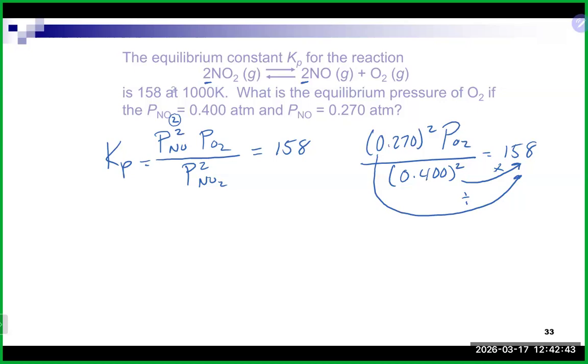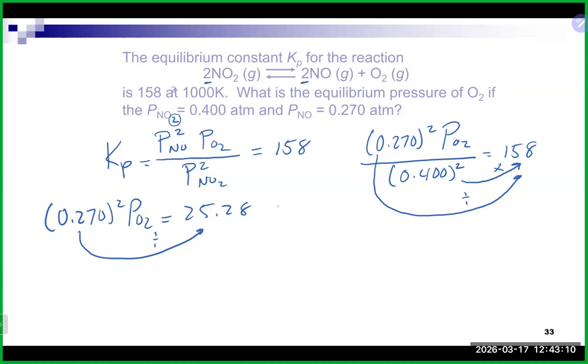So if we do that, we'll get 158 times 0.4 squared. And that will essentially give us, just to break it down step by step, something like this, 2528. Once again, we're going to divide that to the other side, divided by 0.27 squared.